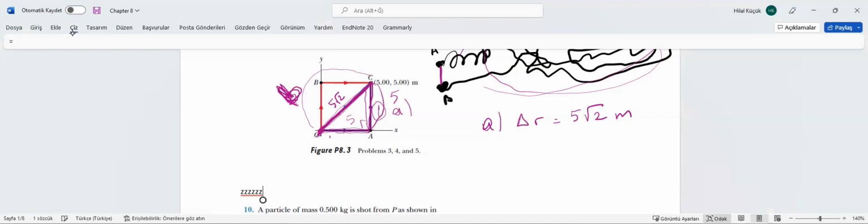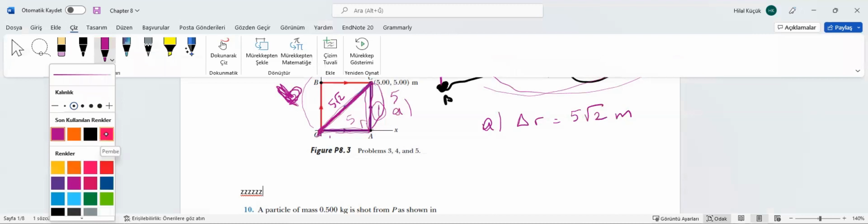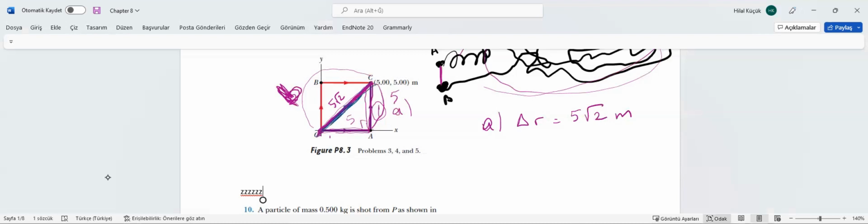Okay, look at the other one. I start from O to B and to C. What is my first point? This is the initial point, and the last point means the final point. You need to take the smallest way from initial to final.